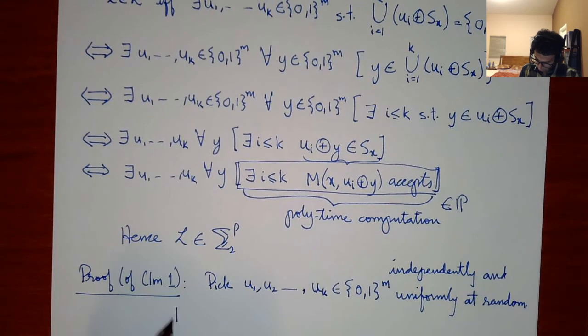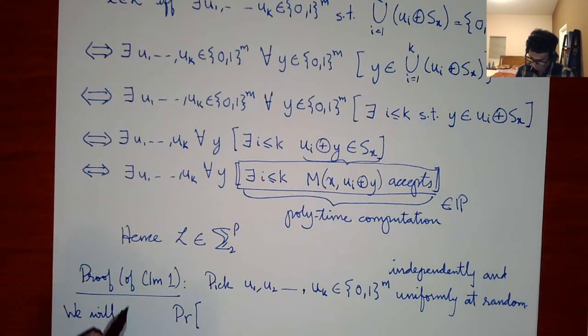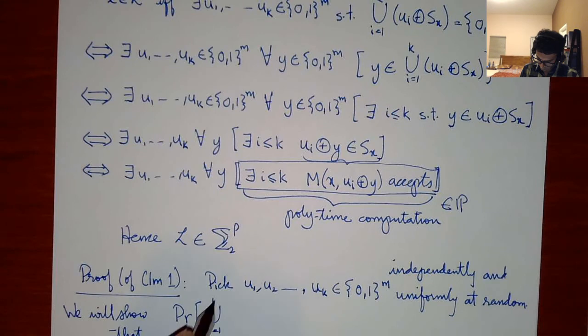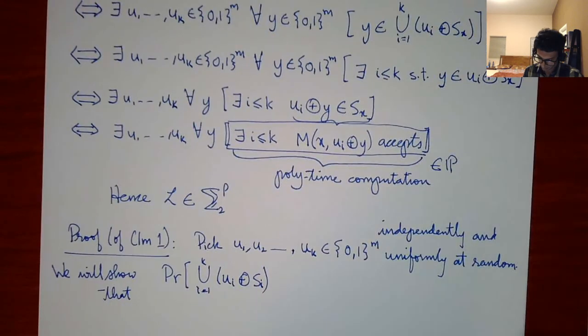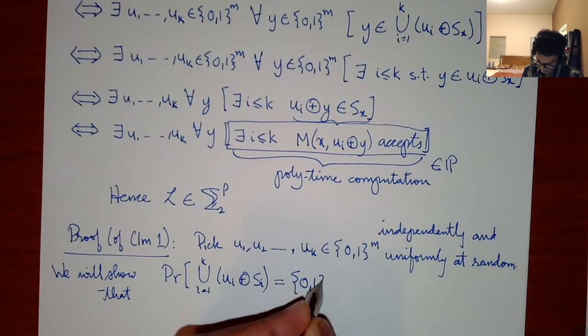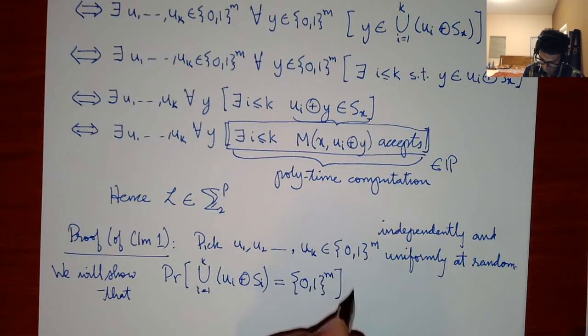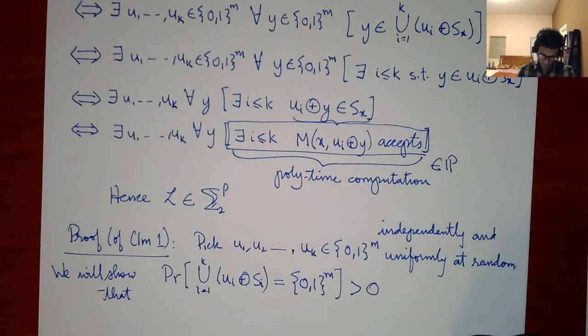So what is the probability? We will show that the probability that the union over i from 1 to k of the shifts of ui actually covers everything will be strictly greater than 0.